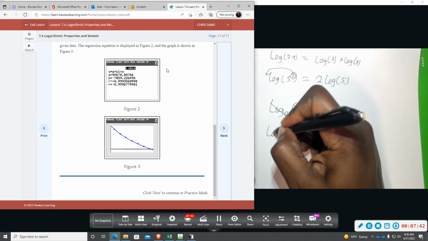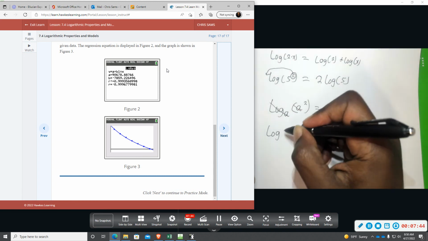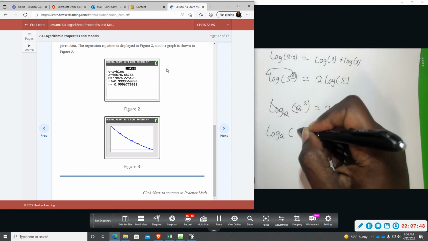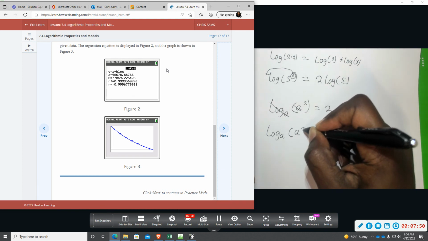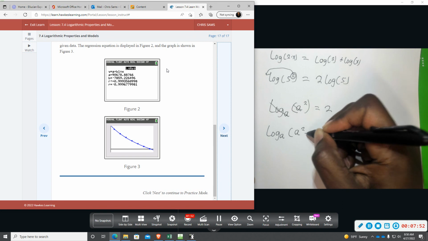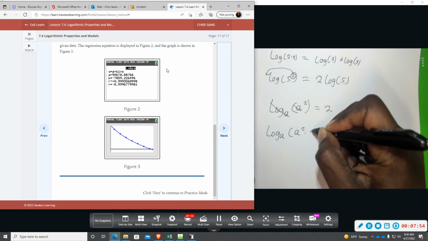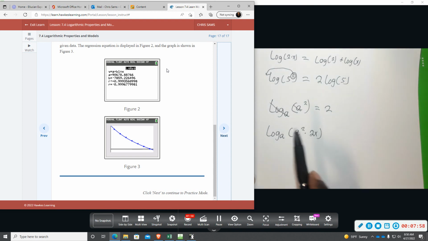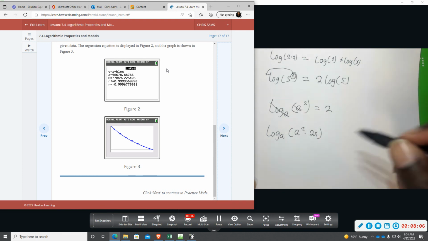So for example, let's just say I got log base a of a squared times 2x, for example. All right. The property that allows you to separate logs when you have multiplication inside, you would evaluate that.